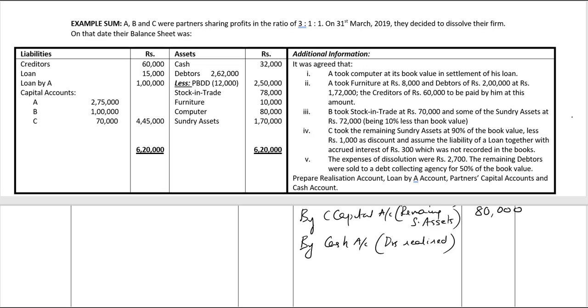In point 2, A is taking over debtors worth 2 lakh at 1,72,000. So out of the total debtors of 2,62,000, debtors worth 2 lakh has been taken over by partner A. Remainder is 62,000 rupees, and after selling it to the debt collecting agency, the firm gets 50% of this amount. Comes up to 31,000 rupees.